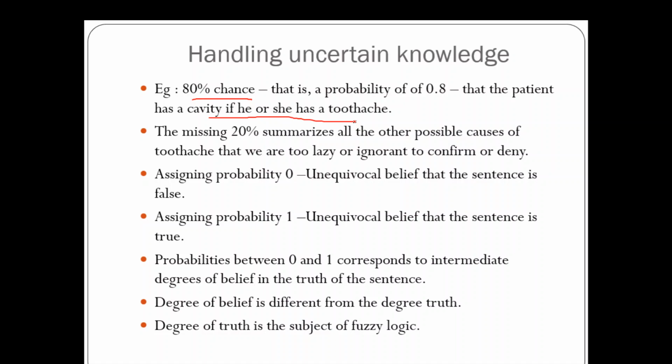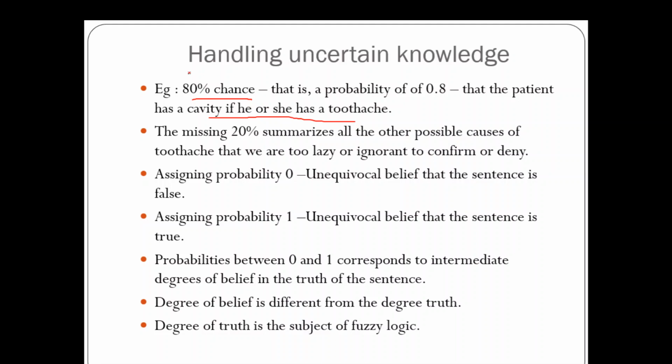Based on the history of the medical diagnosis data, you know that in 80% of the cases, whenever somebody is having a cavity, you can conclude that they are also having toothache.